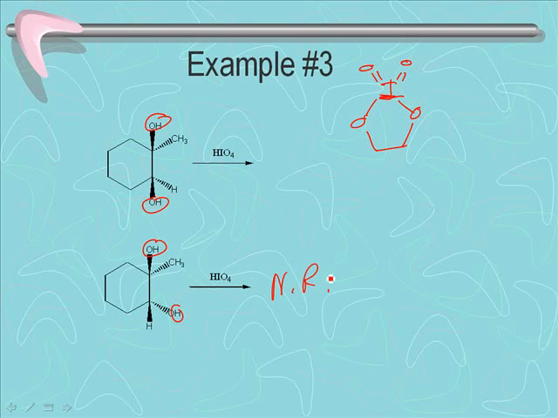But in the top reaction, we can get cleavage of the carbon-carbon single bond, giving rise to a carbonyl group on the top carbon, number 1, and a carbonyl group on number 6.